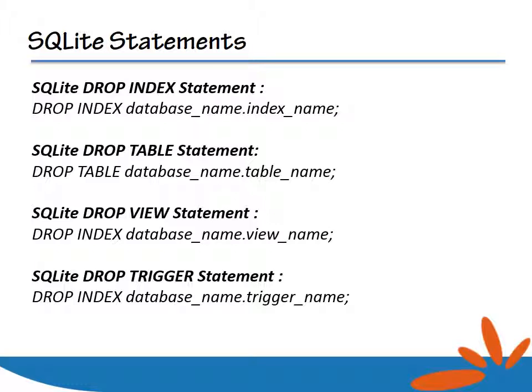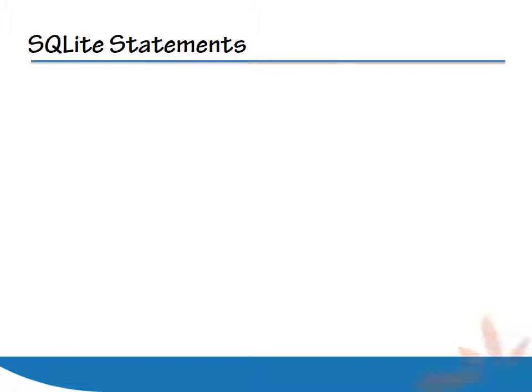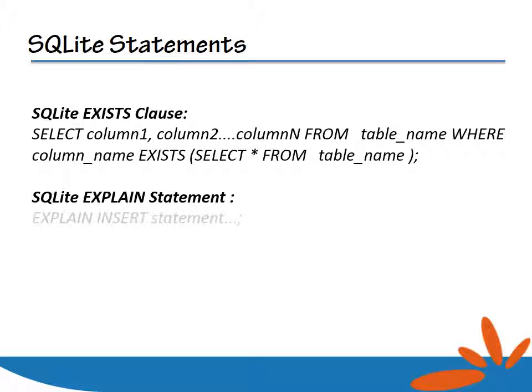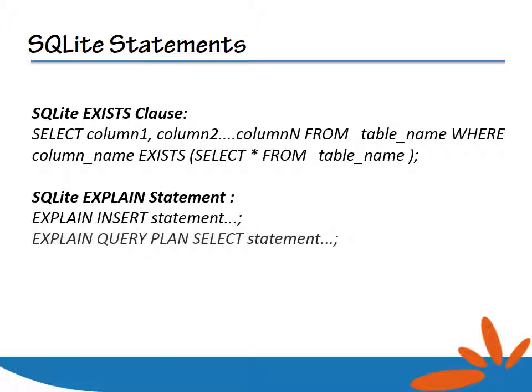The next one is the SQLite EXISTS clause. The code is SELECT column 1, column 2, going to the last column, FROM specify the table name, WHERE specify the column name, parenthesis, then specify your second query, which is SELECT, for example, asterisk, FROM then specify the table name.